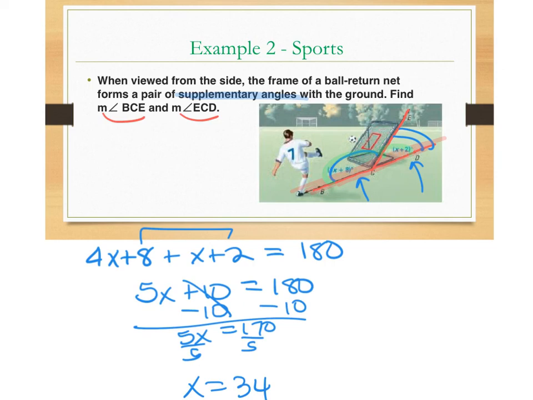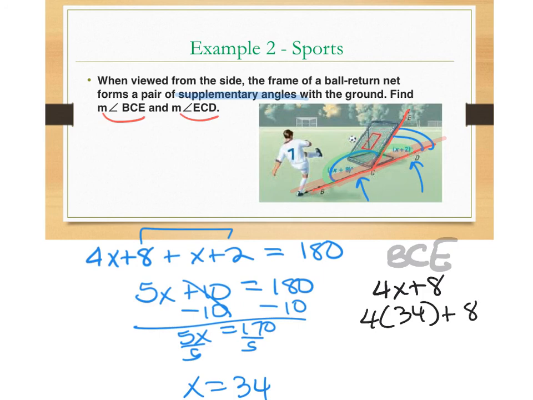So for BCE, I'm going to go ahead and plug my x into 4x plus 8. 4 times 34 plus 8: 4 times 34 is 136, plus 8 is 144 degrees.